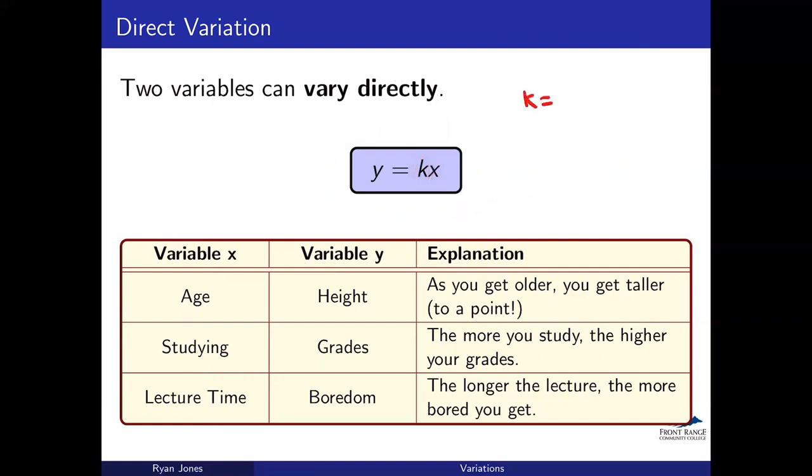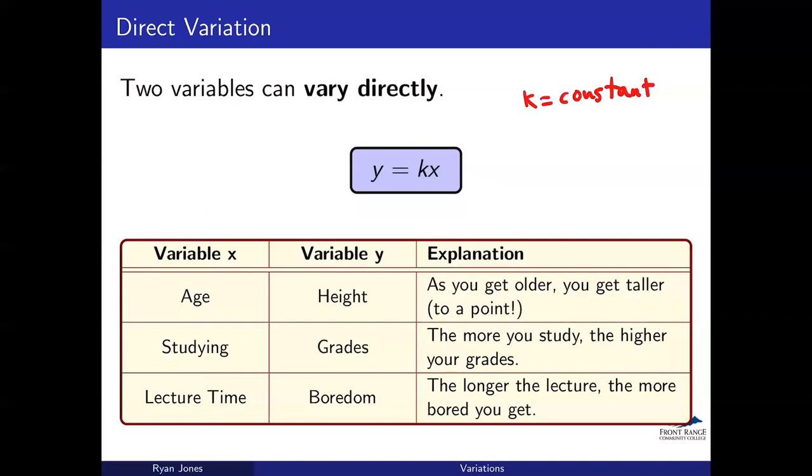I'll make a note that k is constant. That's just a number, a placeholder for any number that it might end up being. So x multiplied by this number k ends up giving me y, which is my other variable. And so these are related, right?